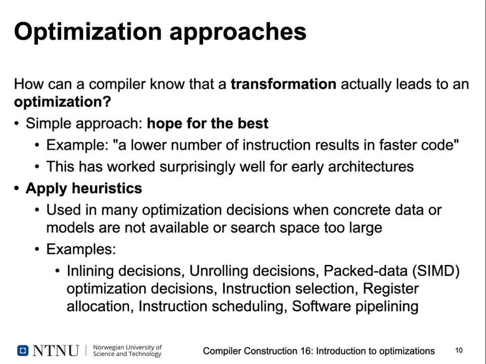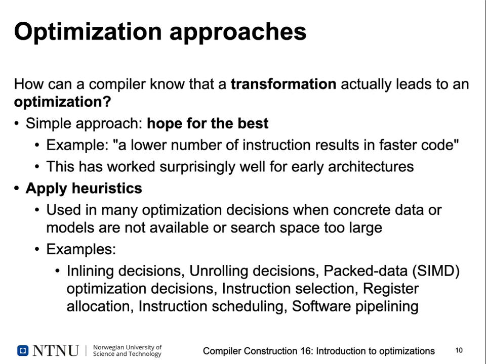And then one very clever programmer found out that he could actually write a sequence of primitive simple assembly statements for solving the same problem, and that this would actually execute faster on the VAX. So essentially it would mean you have more instructions, which would nevertheless be executed faster because the hardware implementation of some feature was actually inefficient. Nevertheless, in the general case, this let's hope for the best approach has worked surprisingly well for early architectures, but not so much for what we have nowadays.